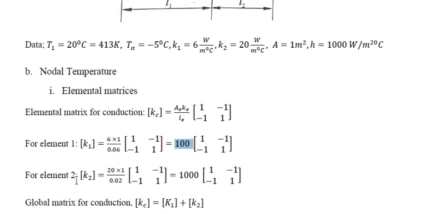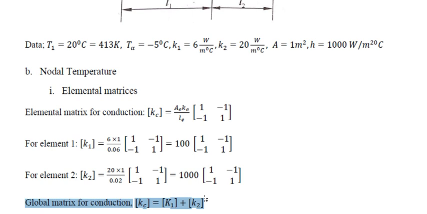Similarly for the second element, we substitute K2, A2 and L2, the length, which gives 1000, -1000, -1000, 1000.